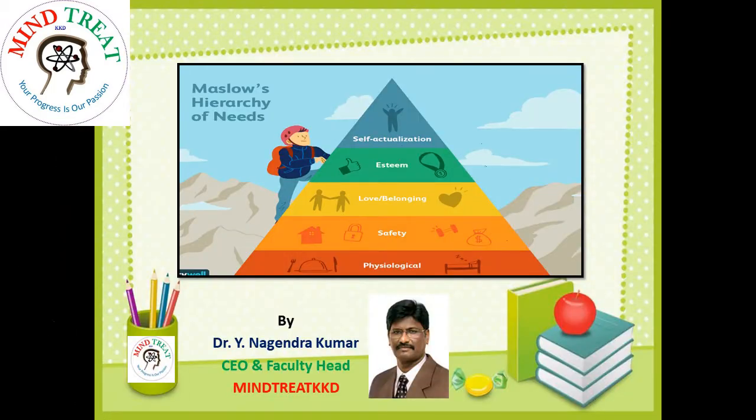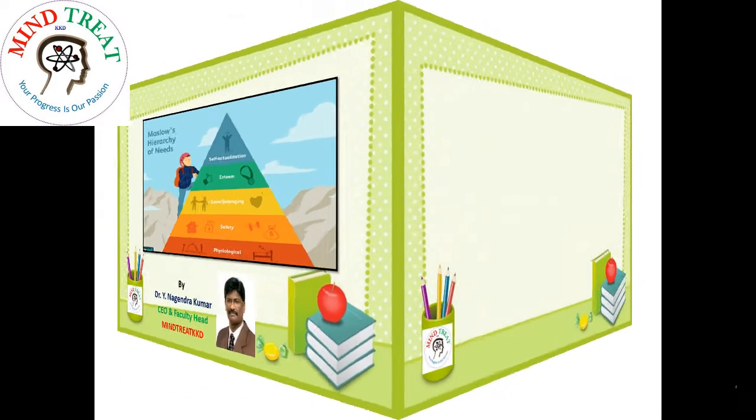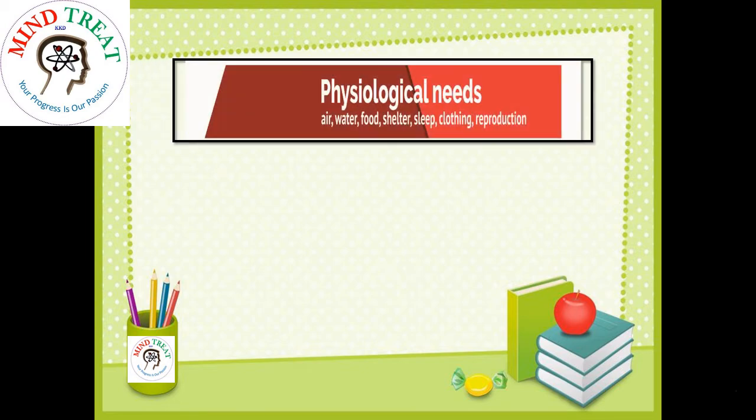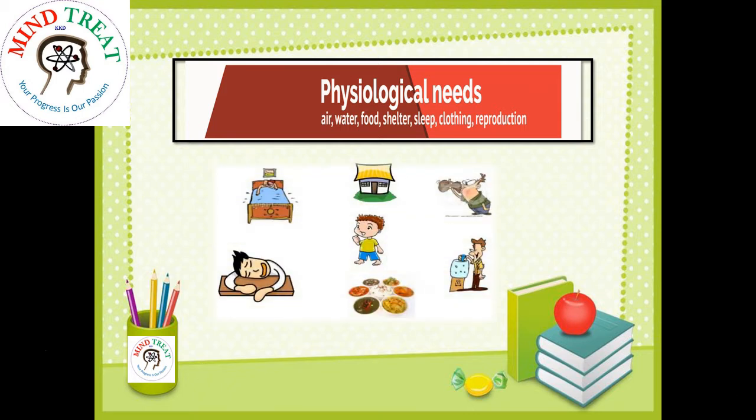Now what Abraham Maslow is saying as primary needs is also called physiological needs. What are physiological needs? They are the primary needs: air, water, food, shelter, sleep, clothing, reproduction. All these are the primary needs.